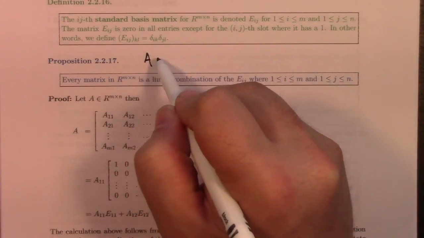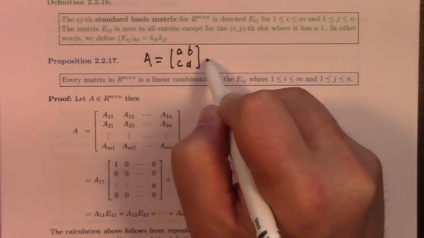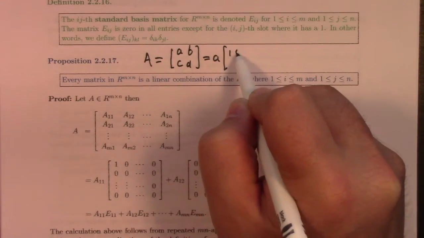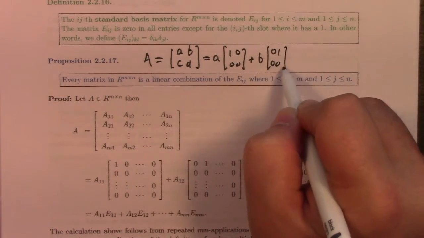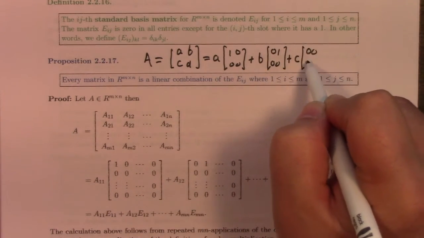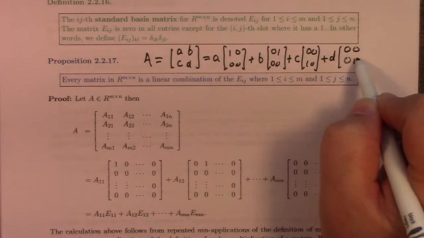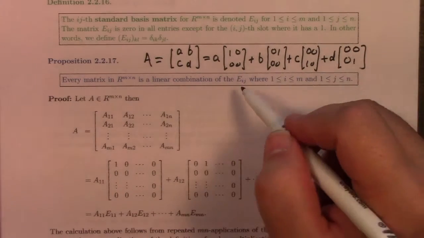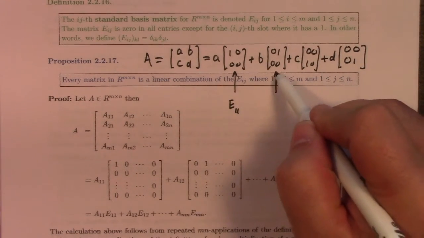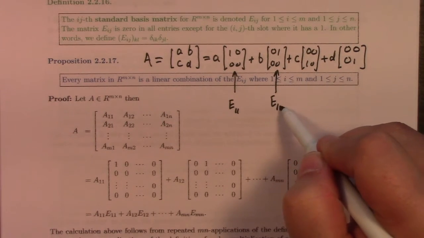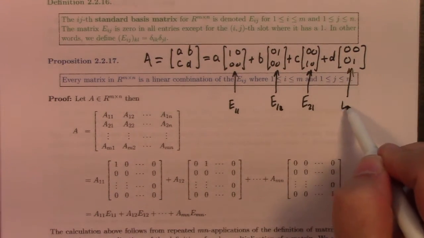For example, if I have the matrix (A, B; C, D), I can rewrite that as A times (1, 0; 0, 0), plus B times (0, 1; 0, 0), plus C times (0, 0; 1, 0), plus D times (0, 0; 0, 1) in the 2 by 2 case. And that's exactly E11, this is E12, this is E21, and this is E22.